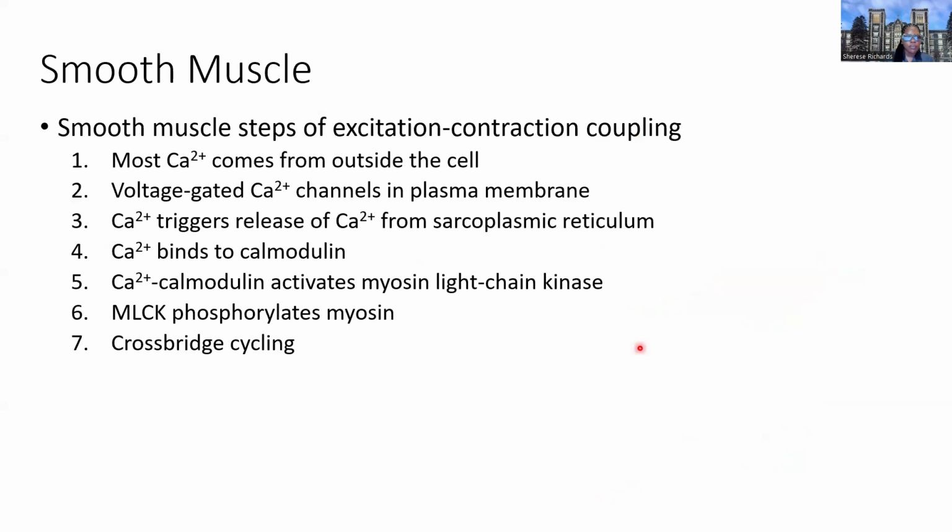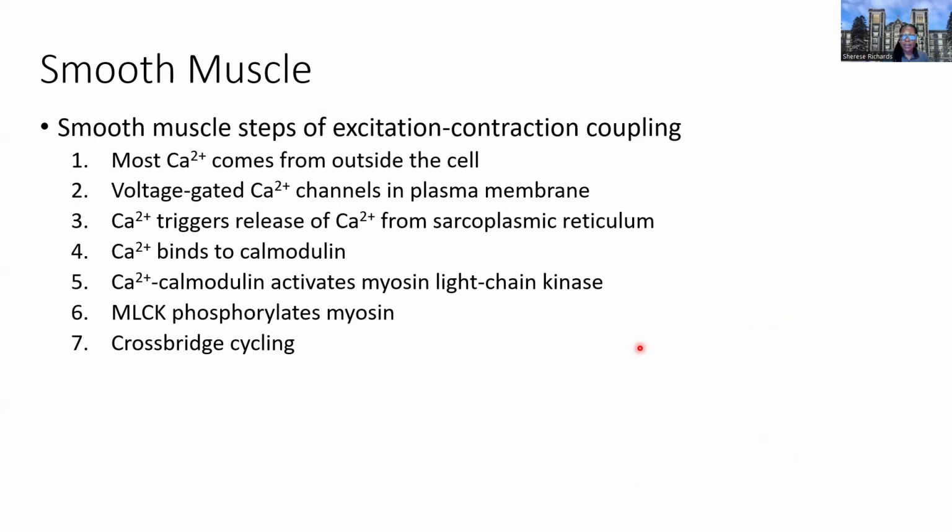Now, what are the steps that control the excitation-contraction coupling that is specific to smooth muscle? First off, the major difference is the source of calcium. Calcium in skeletal muscle comes from the SR, and it's released by way of the ryanodine and DHP receptor interaction and the T-tubules. In smooth muscle, we don't have all of those fancy mechanisms.